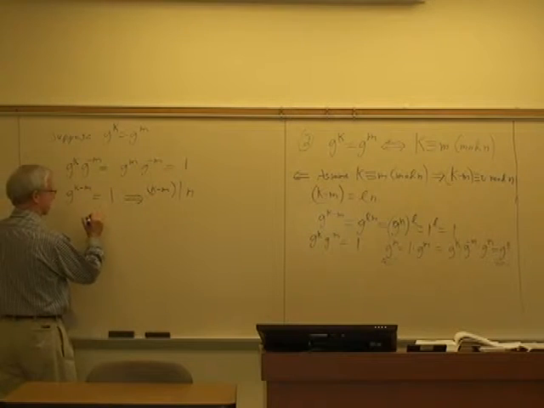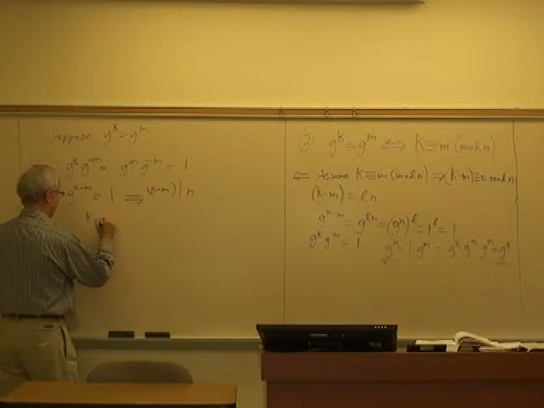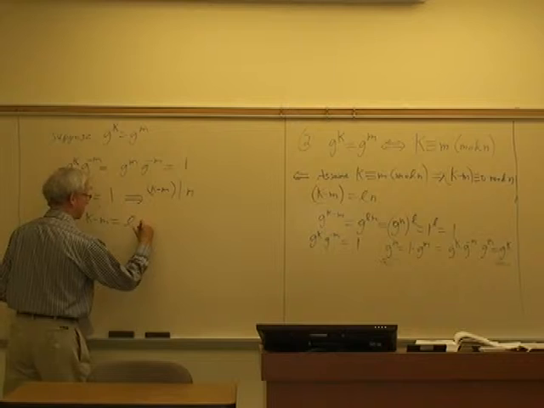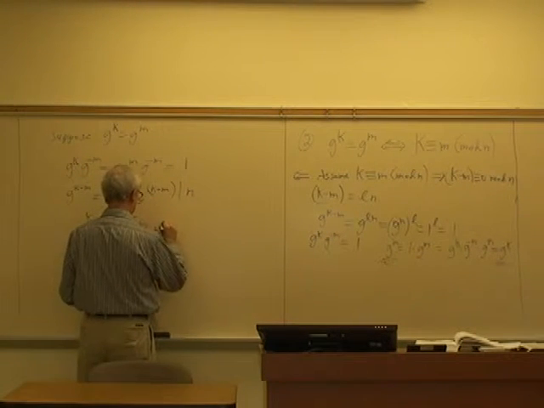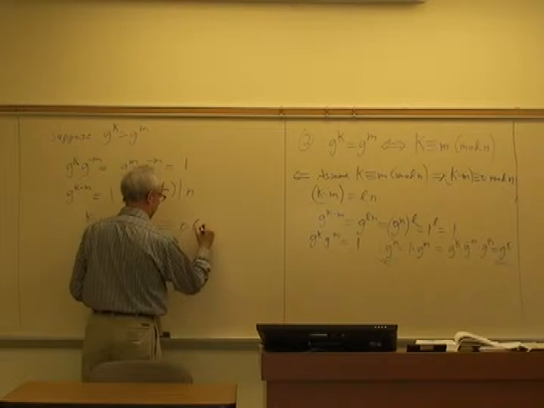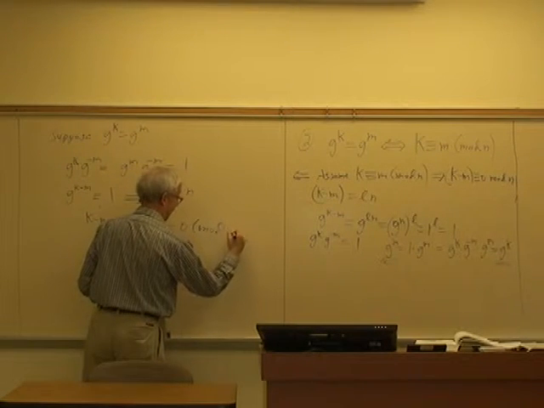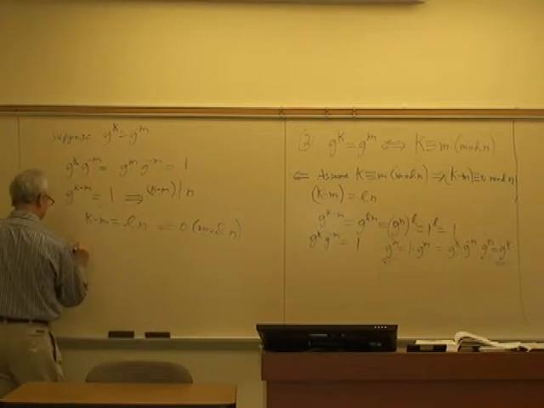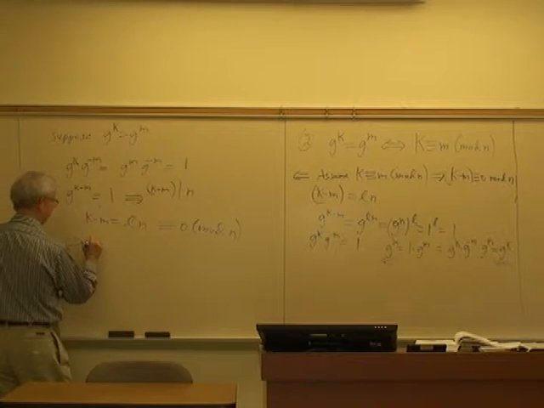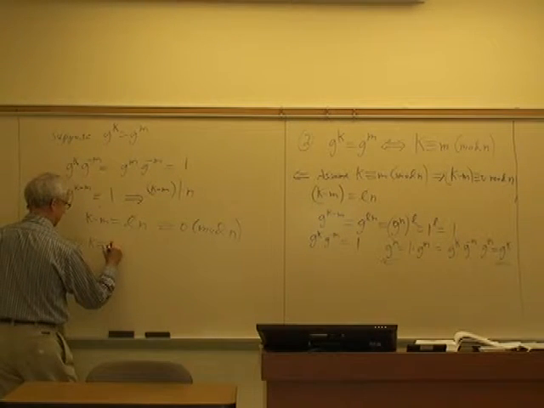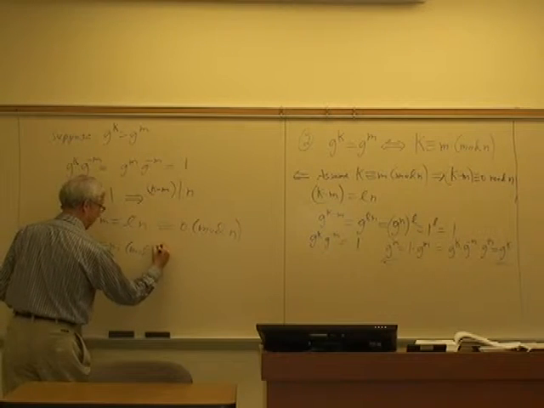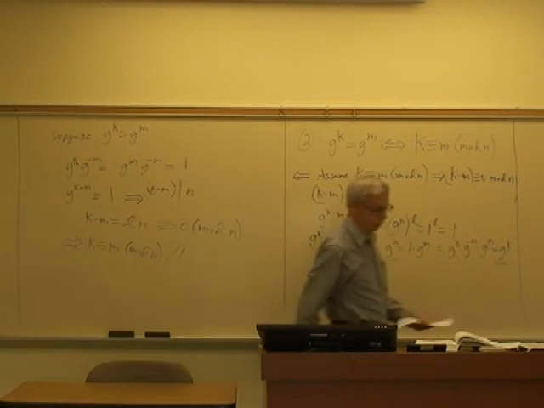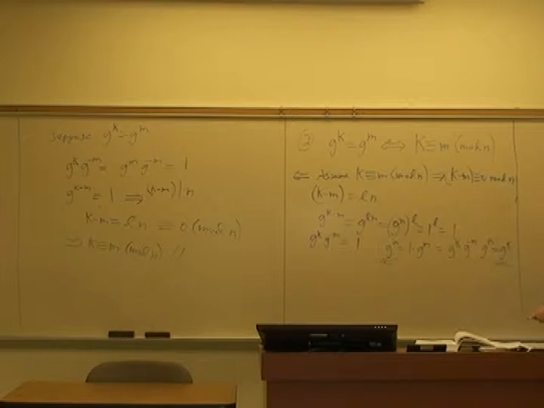Well, that means that k minus m is equal to something times n, which means that it's congruent to 0 mod n, which means that k is congruent to m. And we have our other direction. So this connection between number theory and cyclic groups is important.